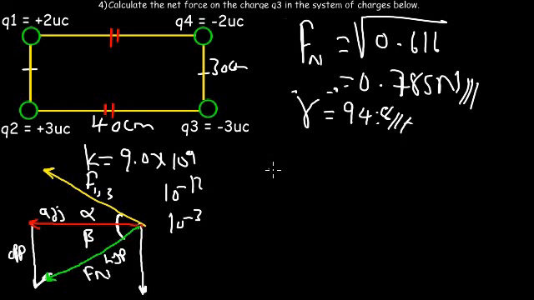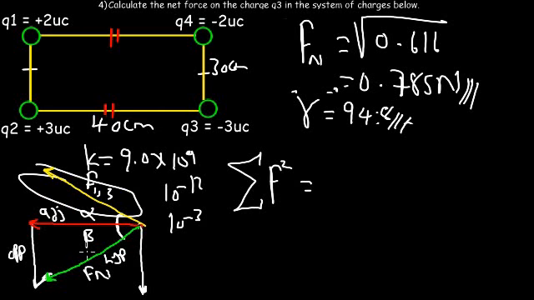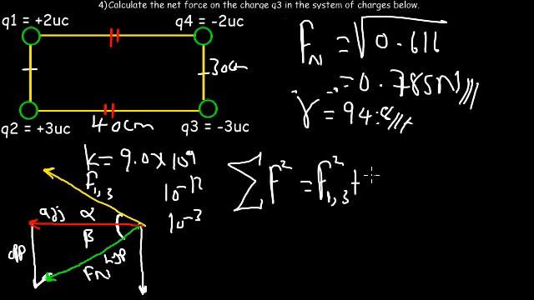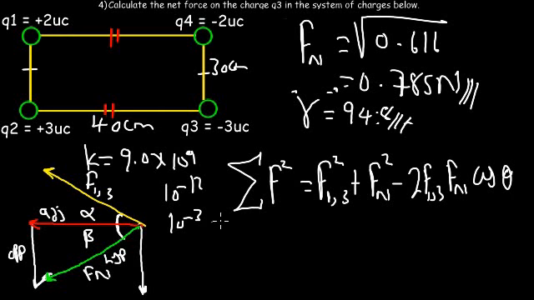Okay. Now we know that the net force, total net force, summation of net force squared using the cosine rule is equals to the square of these two forces, f sub 1,3 squared plus f sub n squared, minus 2 times f sub 1,3 times f sub n cosine of angle theta, where theta is 180 minus gamma.